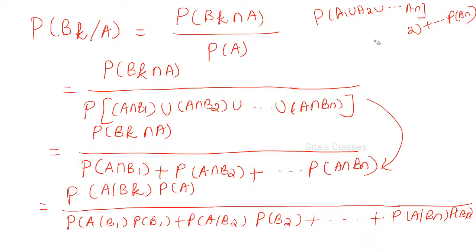As events they should be mutually exclusive. If you want to speak in terms of sets, they should be disjoint. Okay. Understood, Shrutika? Yes ma. Disjoint in terms of sets, as events they should be mutually exclusive. Yes, got it?